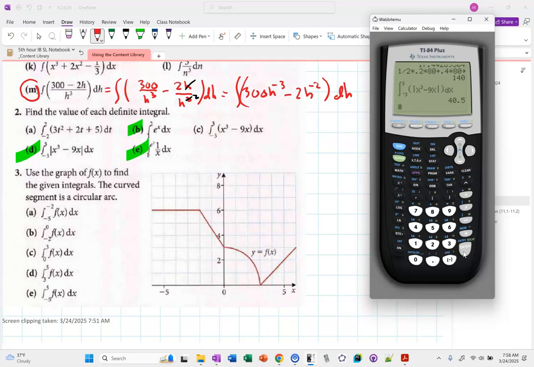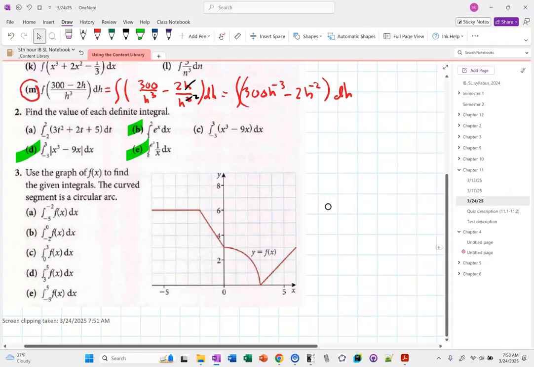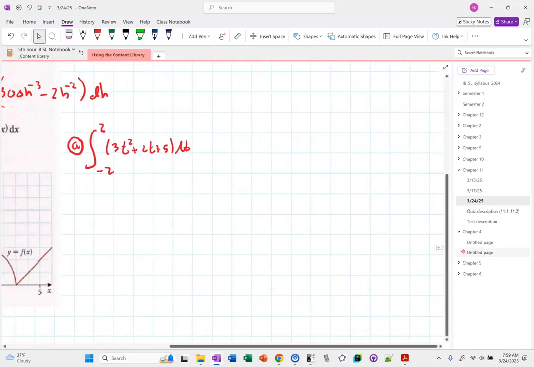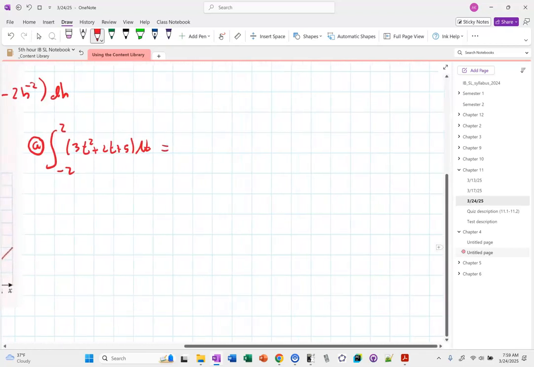Okay. And then Joey, you wanted to do part A here by hand. So the first step would be to do the antiderivative.